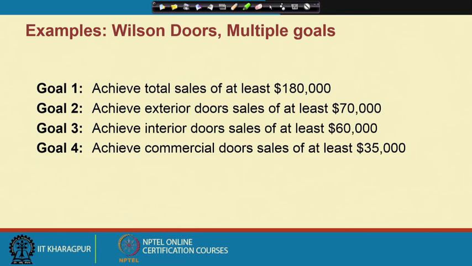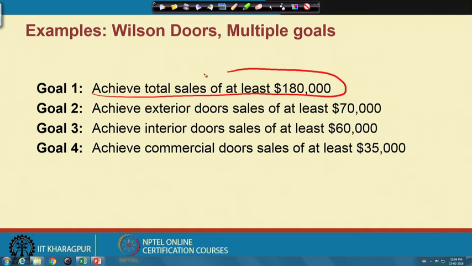The first goal is with respect to the objective function: achieve total sales of at least 1,80,000. Then the second goal is to achieve exterior door sales of at least 70,000, then interior door sales of at least 60,000, then commercial door sales of at least 35,000.